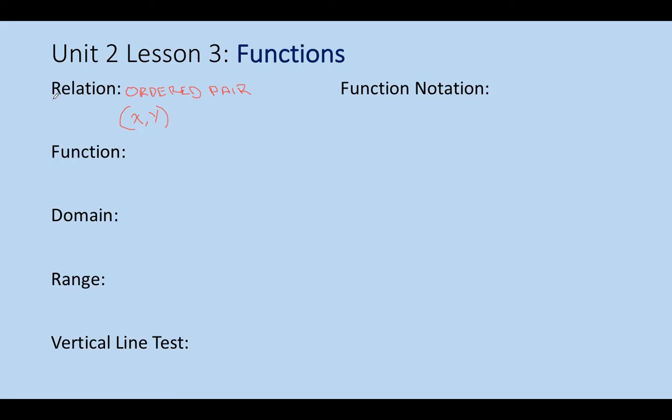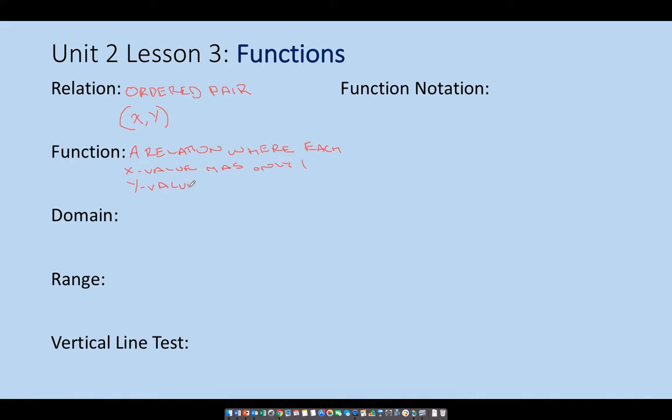So again, you're going to be determining whether or not a relation constitutes a function. So ultimately, here's what a function is. A function is a relation where each x value has only one y value.